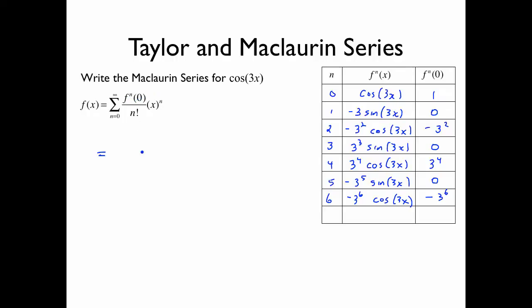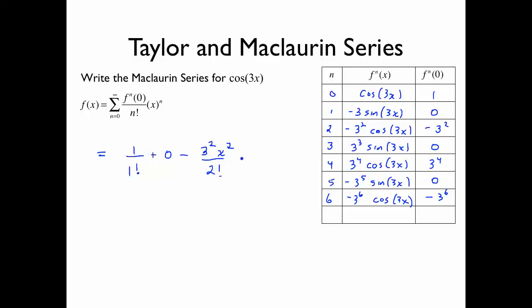So what will it be? It'll be 1 over 1 factorial times x. No, times, that's it. x to the 0 is 1. All right, then plus 0, because the first derivative is 0. And then minus 3 squared x squared over 2 factorial.